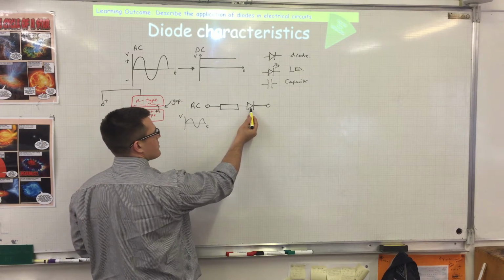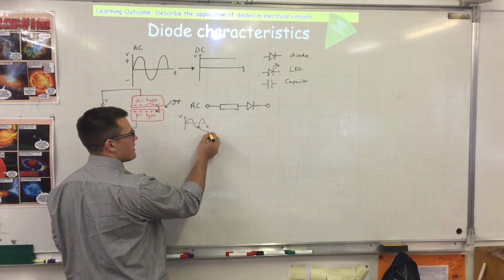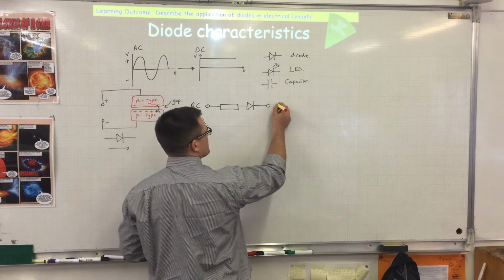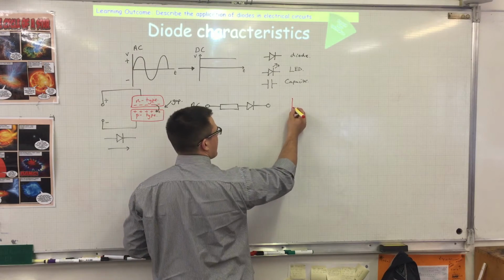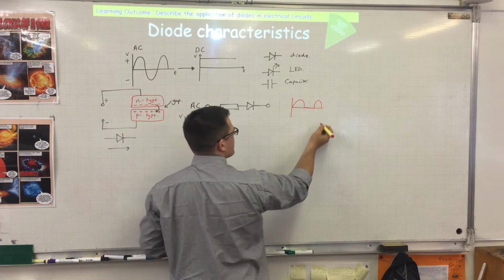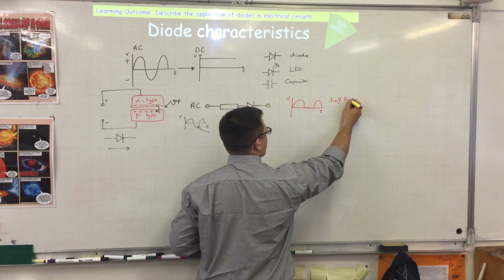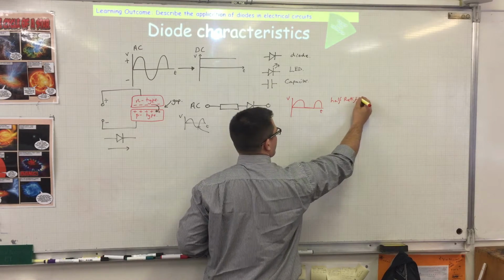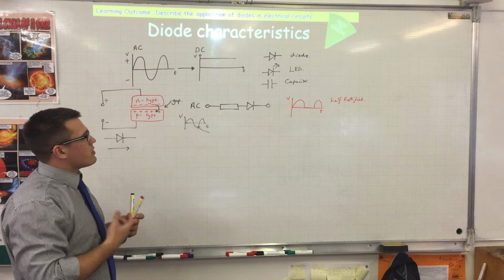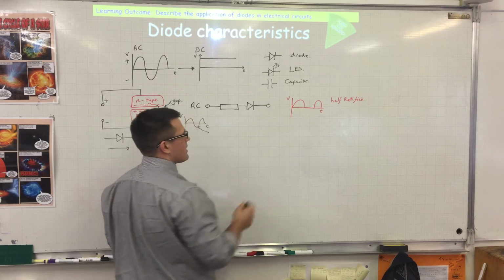But because it goes through the diode, it will not allow the current here in the negative direction. And so what will happen, my output signal will now look like this, which is what we describe as a half rectified circuit. And that's when you have one diode in a circuit. And the reason for that, like we said, is because it can't flow in the negative direction.